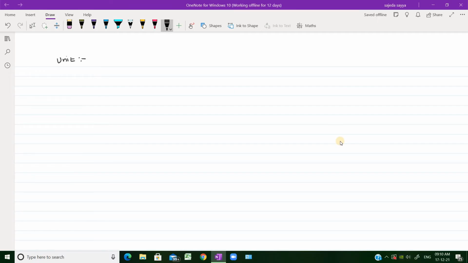So the standard which is used for the measurement of any physical quantity, that is called a unit.